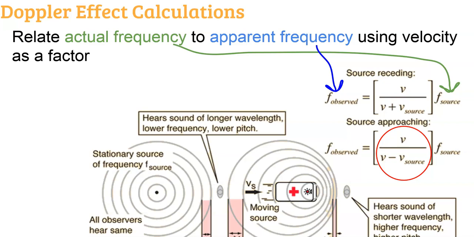So it could be the vehicle which is moving at a certain velocity. And for the factor that's circled in red, the denominator is going to be less than the numerator. So what that means is that for a source approaching, the factor is going to be greater than 1, and so the frequency observed is going to appear to be greater than the frequency of the actual source.